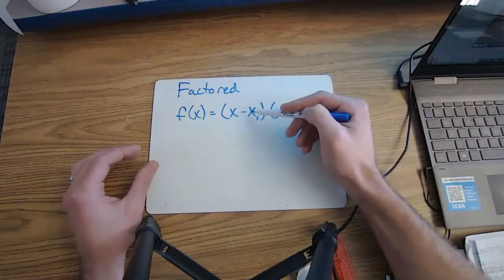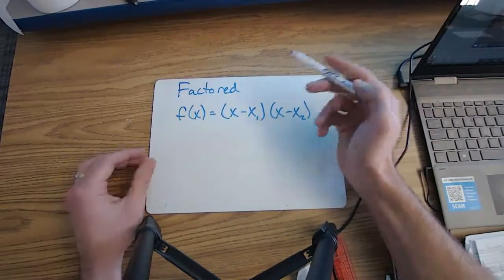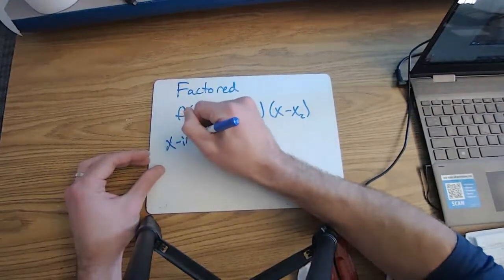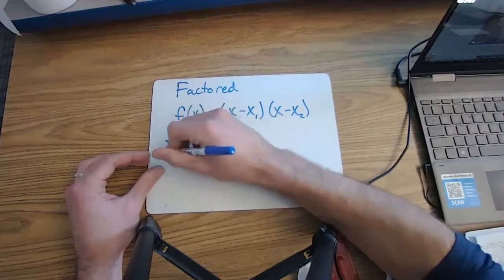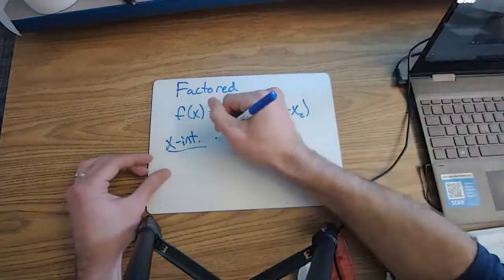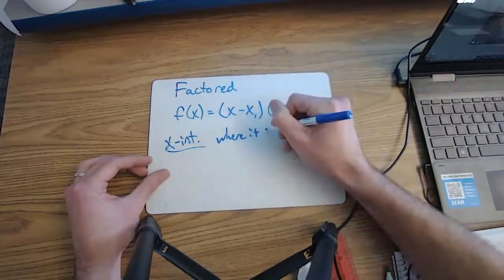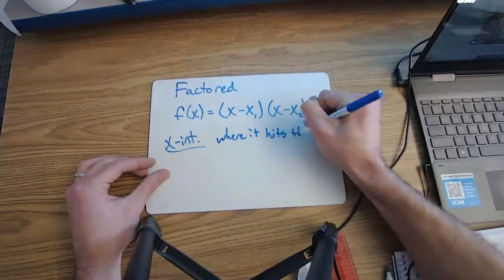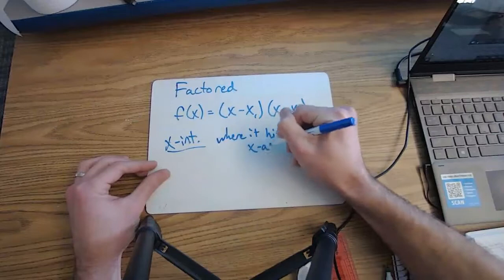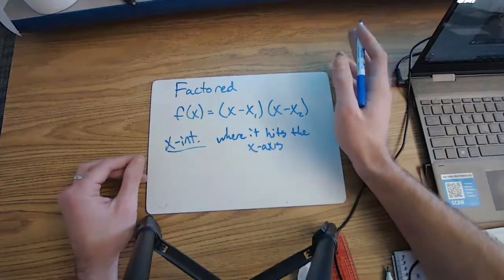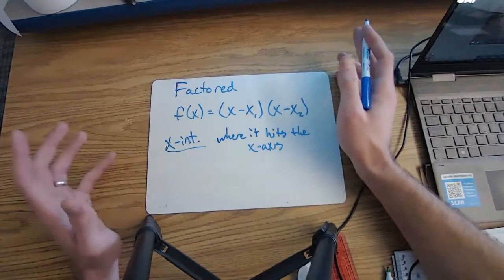Okay, x1 and x2 are actually going to be able to tell you what your x-intercepts are, where it hits the x-axis.